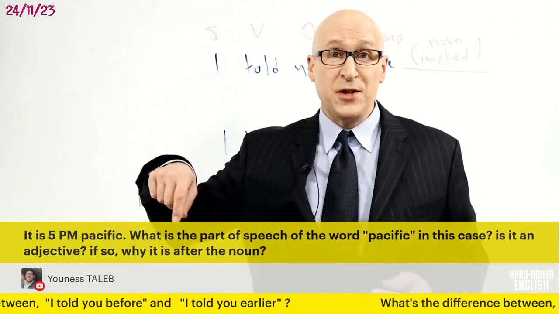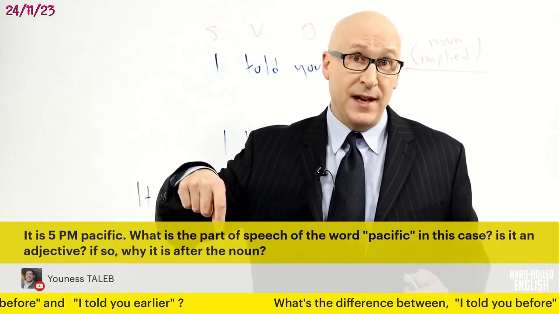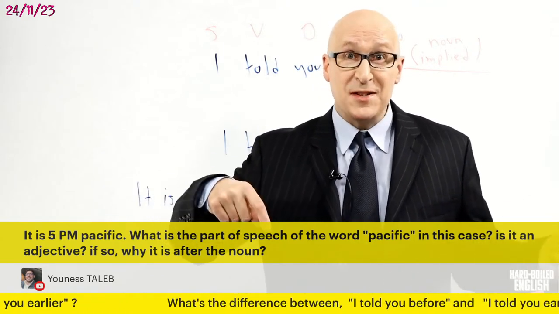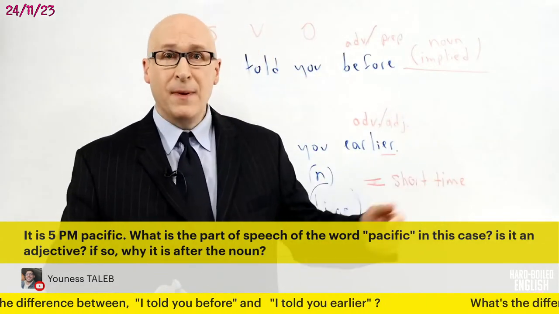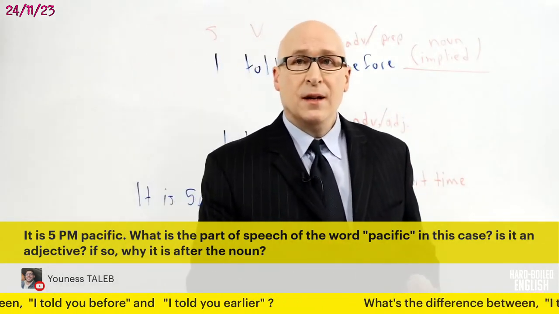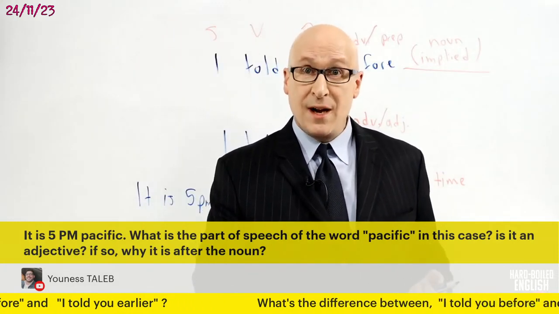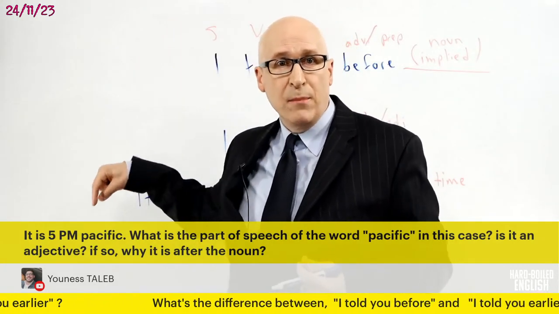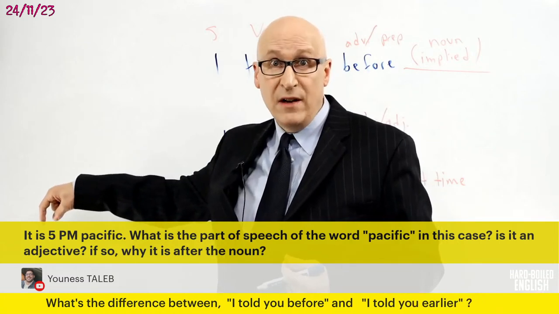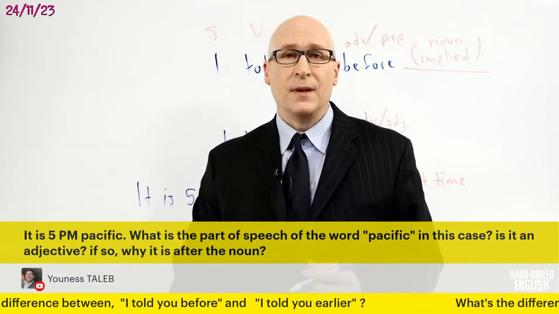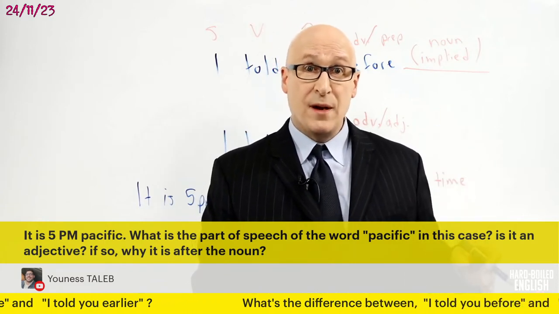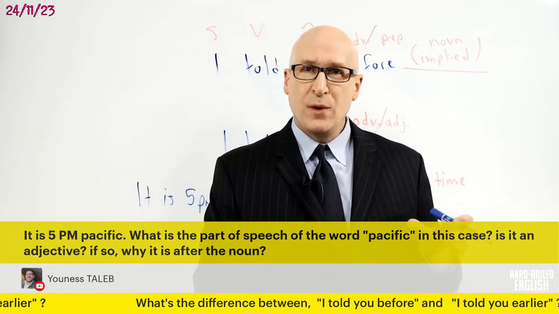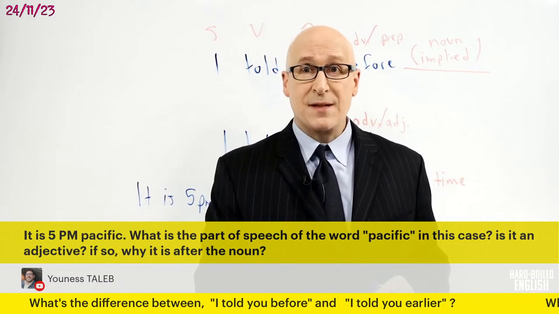So in answer to this question, it's actually not after the noun. It's actually modifying a missing noun, an implied noun, Pacific time. Time's a noun. But we know that we're talking about time because we have the number right here, 5 p.m. That's clearly a time. So to cut out some repetition, we can drop the word time, but the adjective Pacific is still in place.